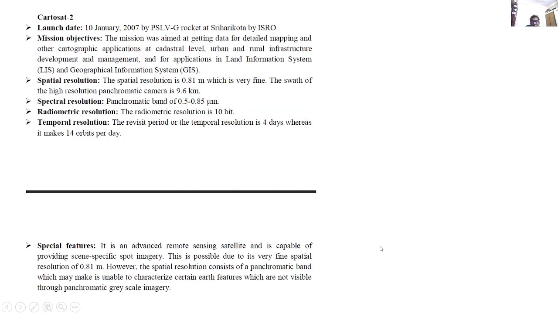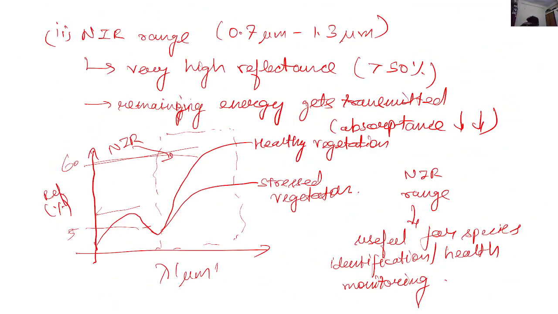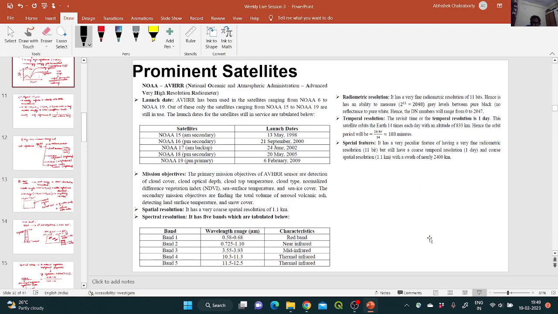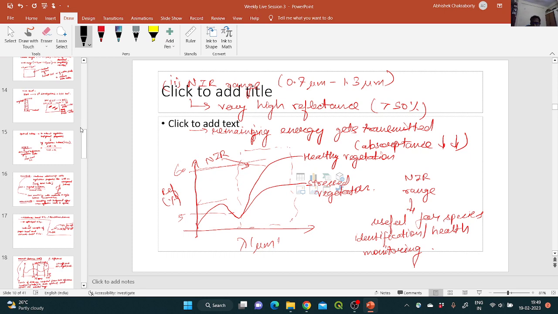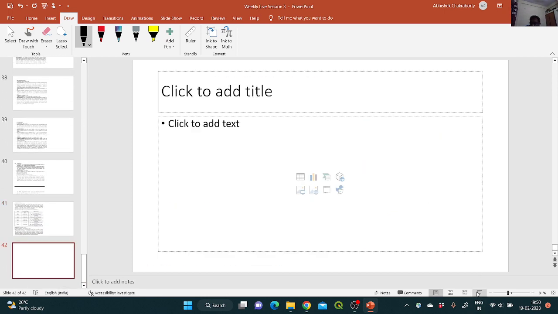So here they are. Another last thing I wanted to discuss with you is the impact of spectral resolution on how you interpret the reflectance of the images. Let's check it out. Let us suppose we have only two bands versus four bands in an image.